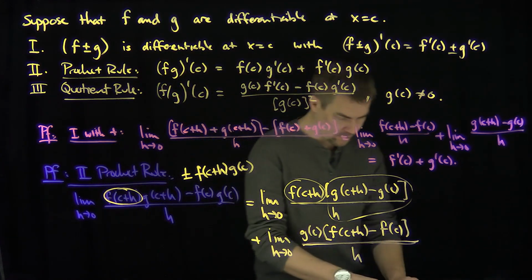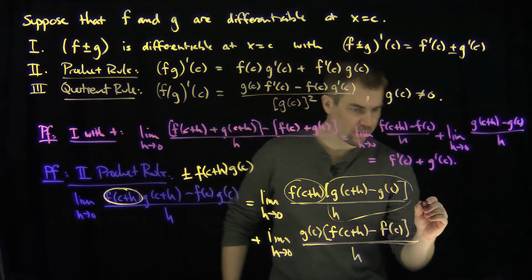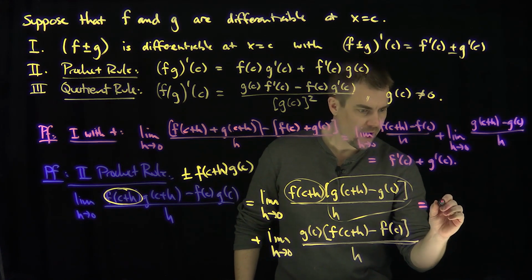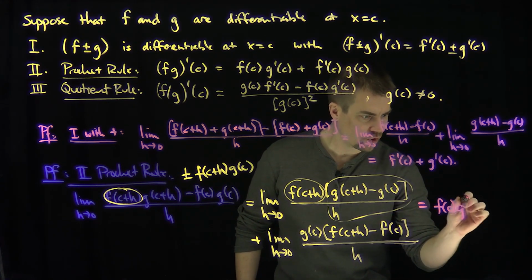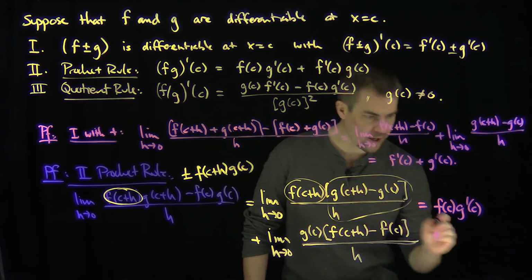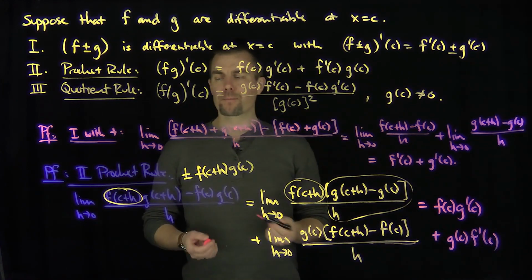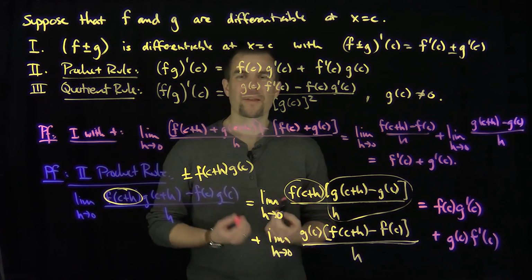All total, this first term is equal to f of c times g prime of c, and the terms at the bottom will converge to g of c times f prime of c. And that is the proof of the product rule. Thank you very much.